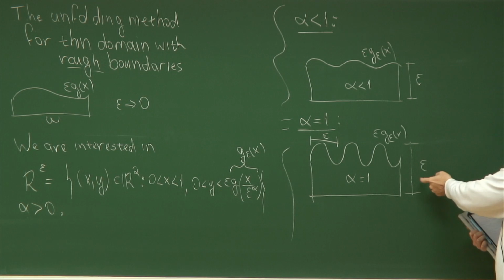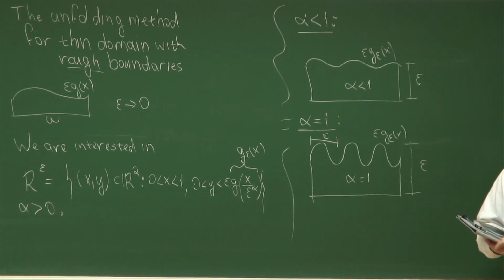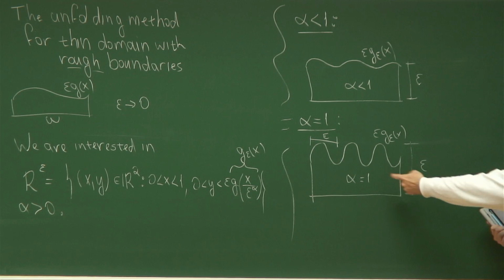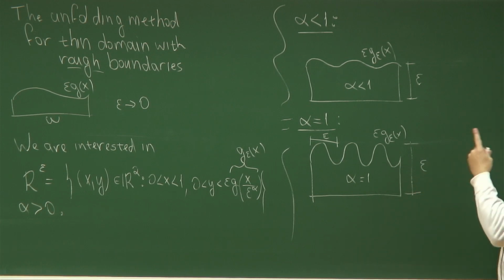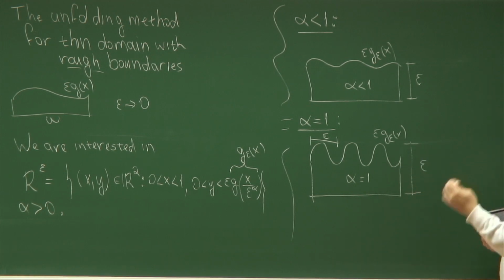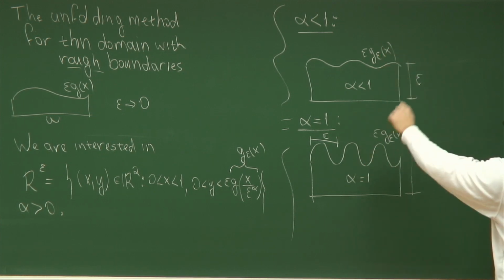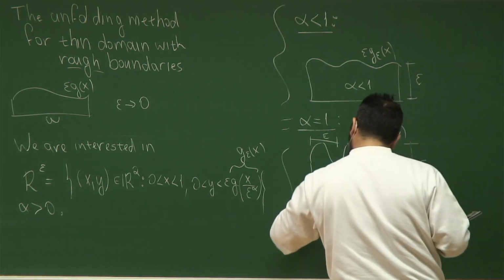For this case, in particular, we need homogenization techniques. Maybe some of you are aware of it. For the case of perforated domains and so on. Here we need to adapt those methods in order to treat this. And of course, due to the generality of the method, we will be able to analyze all the cases of oscillation.